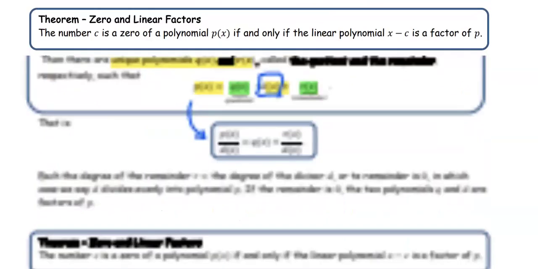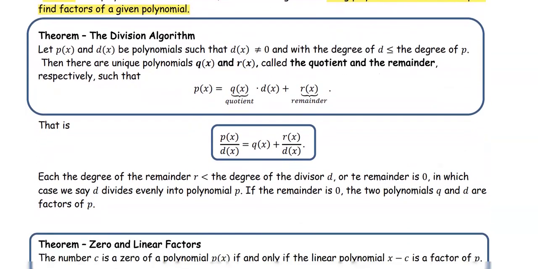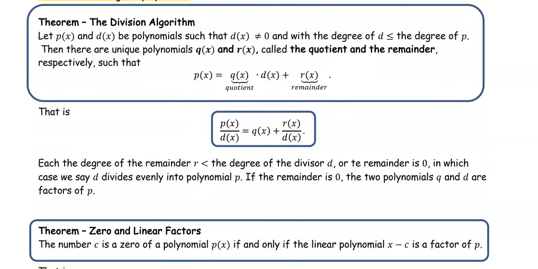Let's take a look at the division algorithm theorem. Let p(x) and d(x) be polynomials such that d(x) is not zero, with the degree of d less than or equal to the degree of p.